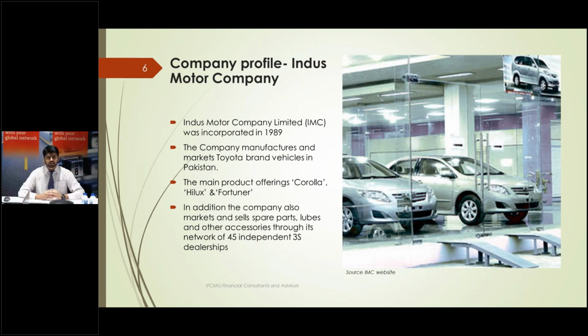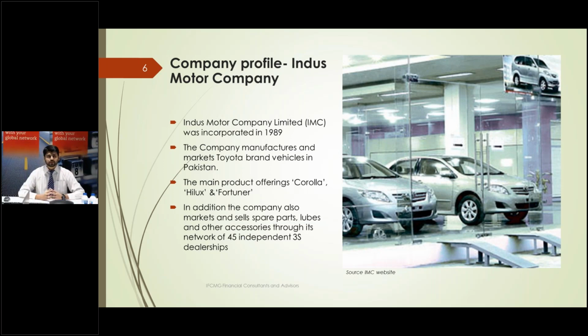The main offerings currently of the company include the Toyota Corolla, which is its flagship product in Pakistan, Hilux, which is a pickup, and a sports utility vehicle category named Fortuner. Apart from that, they also import different vehicles and market them as well.